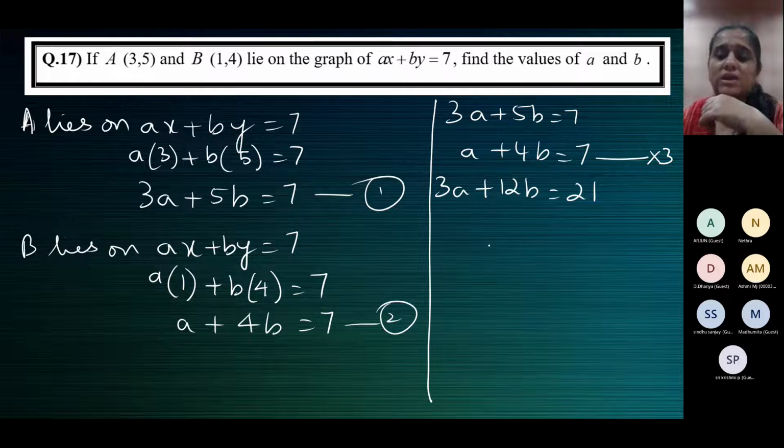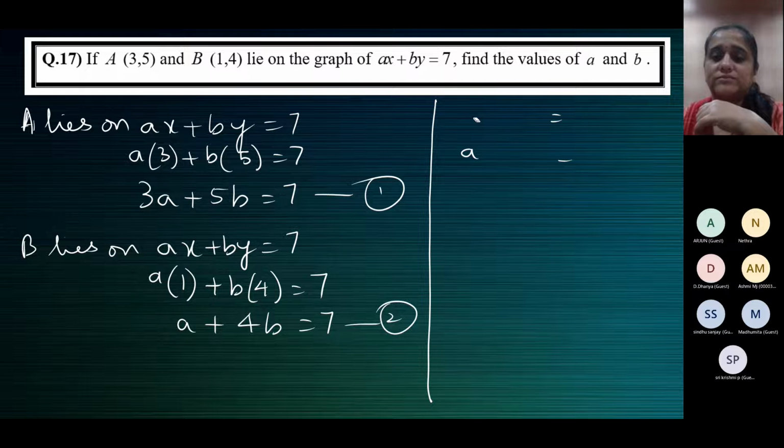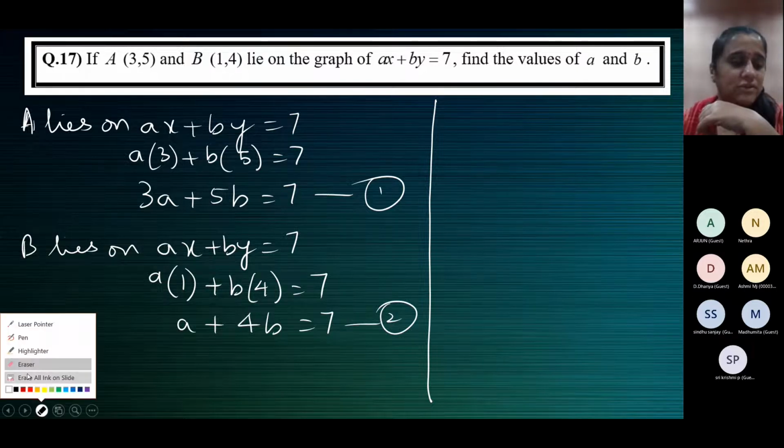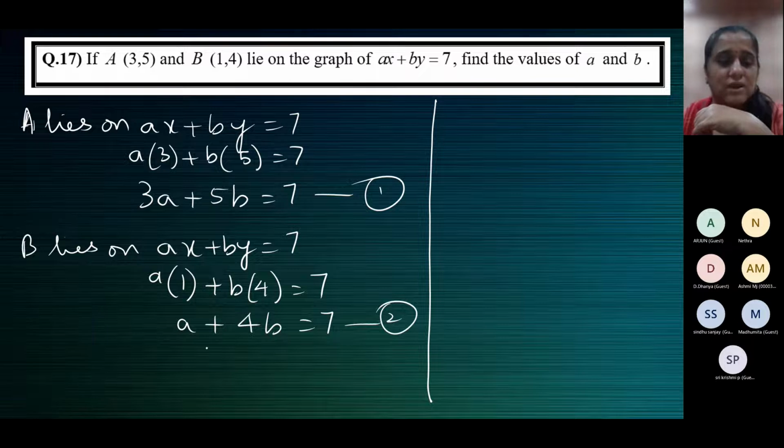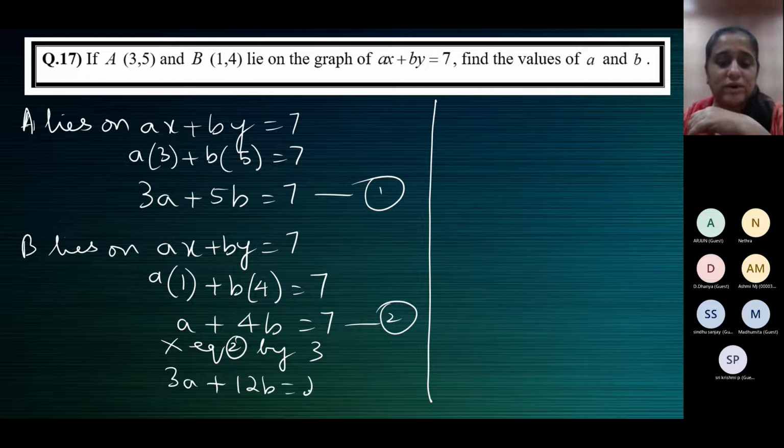Now solve the two equations. Now write the equations one below the other. You can also do it here itself. You can multiply this equation by 3. So multiplying equation 2 by 3, you get 3A plus 12B is equal to 21.